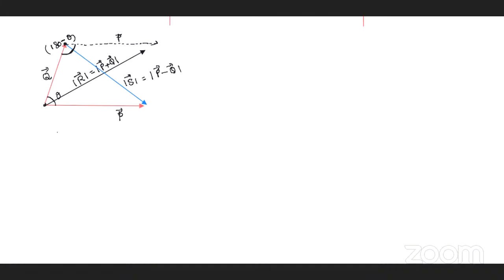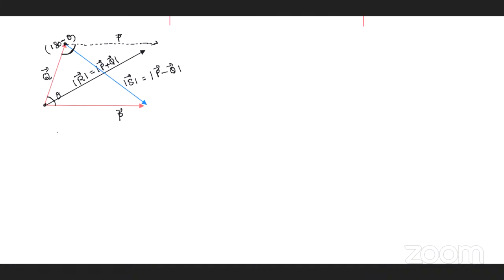Yes, it is 180 minus theta. So in the calculation of mod S bar, the angle between the two vectors is 180 minus theta. In the case of addition, the angle between the two vectors is theta. If you follow that logic, it is very easy to find mod R bar and mod S bar.